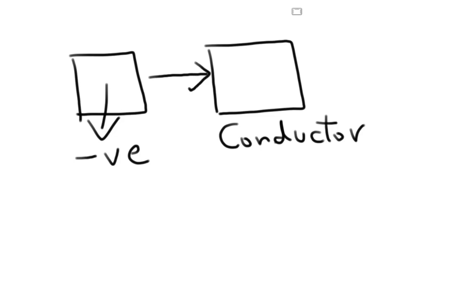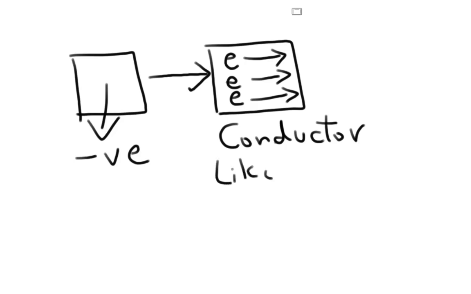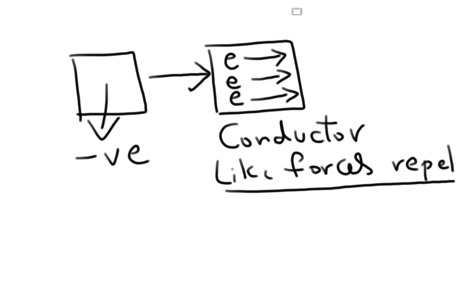Now bring this charged material closer to the conductor and immediately the electrons within the conductor start moving rapidly and away from the negatively charged material because like forces repel. But eventually they will all settle down to a steady state.